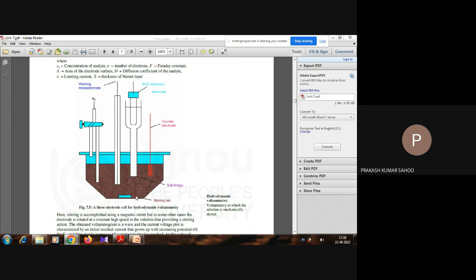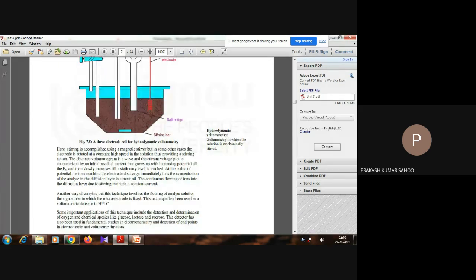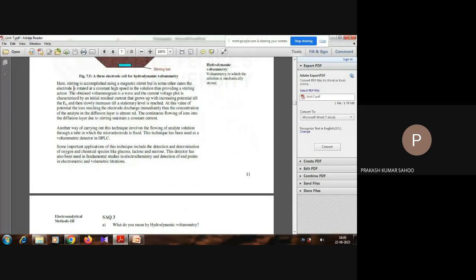And this is the stirring bar, means it is the magnetic stirrer. That is the convection, the stirring part, which gives dynamics or motion to the electroactive substances here. Here it is also written that stirring is accomplished using a magnetic stirrer.